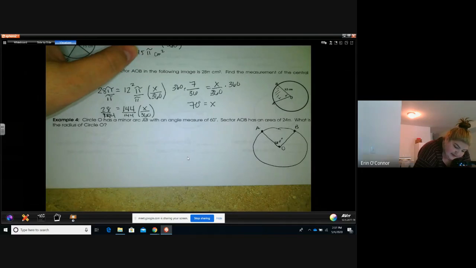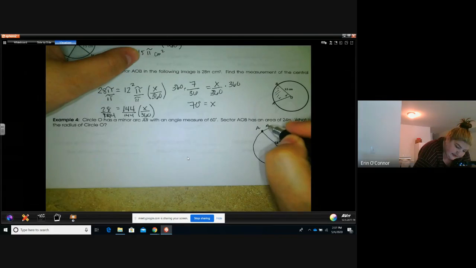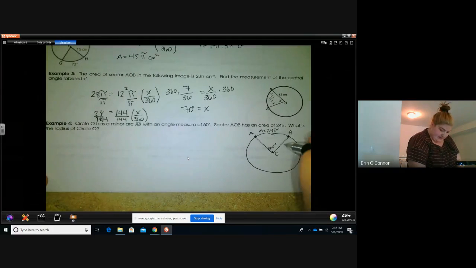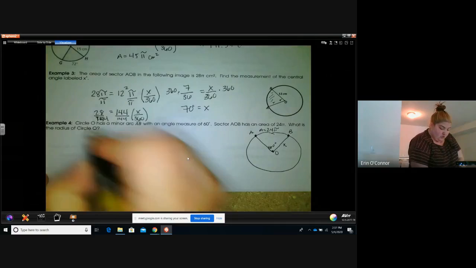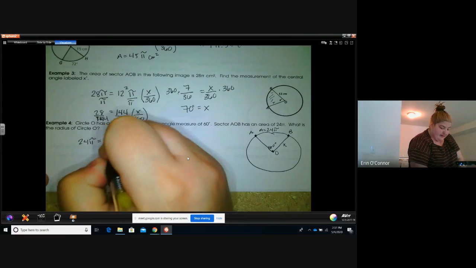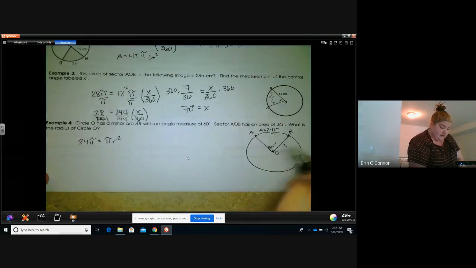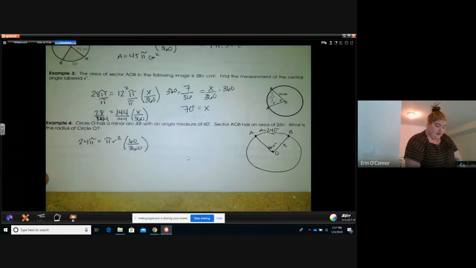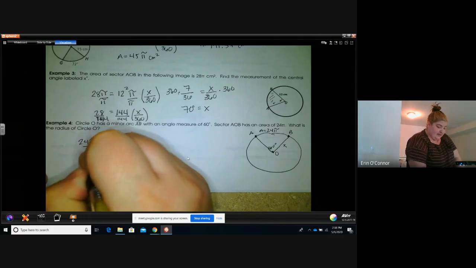Sector AOB has an area, so A equals 24 pi. What is the radius? So we need to find the radius. That's the unknown, x. All right, so 24 pi is equal to pi r squared times 60 over 360. Pi's cancel out.